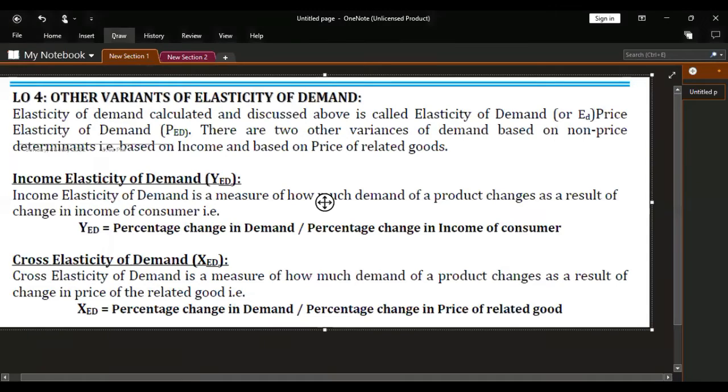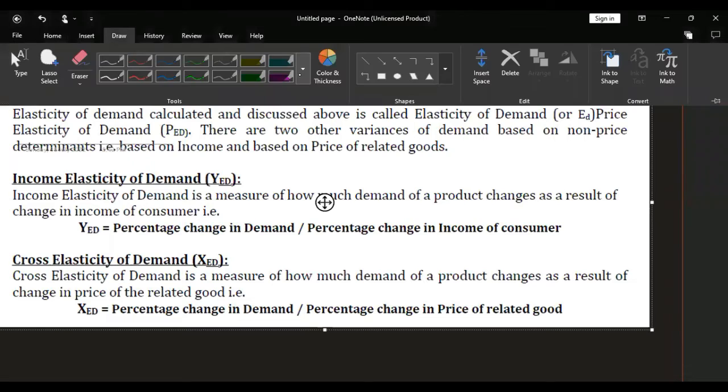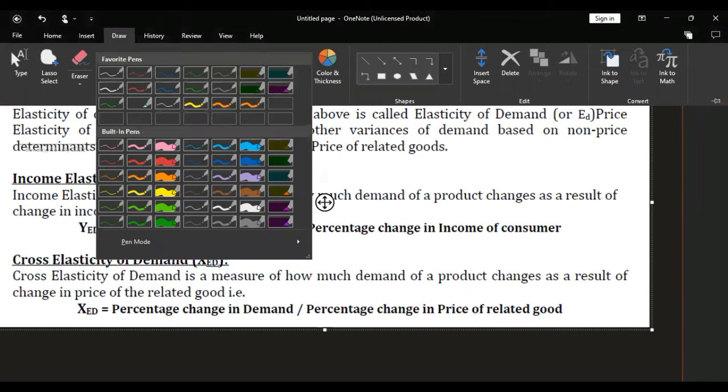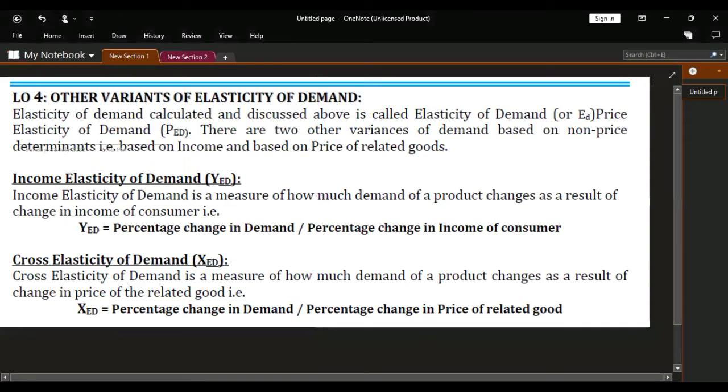Today we are present in our next economics class in which we are going to discuss our fourth learning objective, that is types of elasticity of demand.